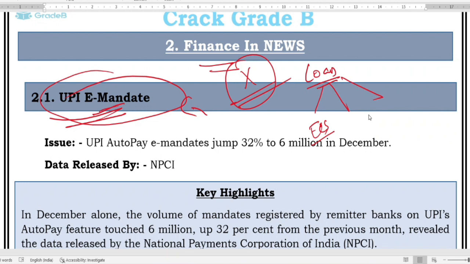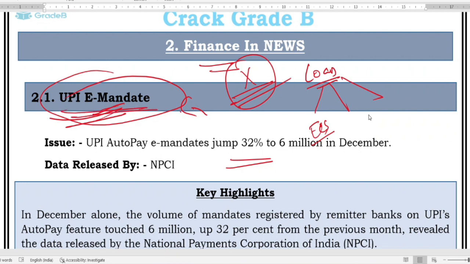Understood? That is UPI e-mandate. So UPI e-mandate jumps 32% to 6 million in December. And obviously, there is nothing to raise the eyebrow that why this is jump. It's common because RBI has said no to credit card and debit card. So obviously the other option left now is the UPI e-mandate.